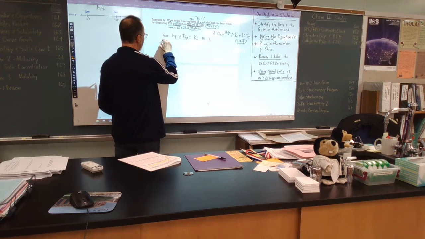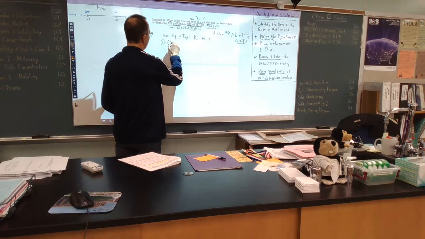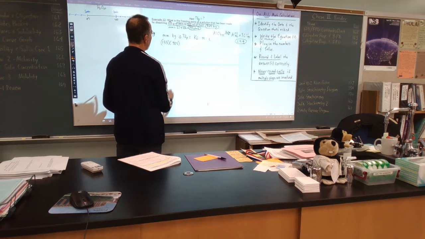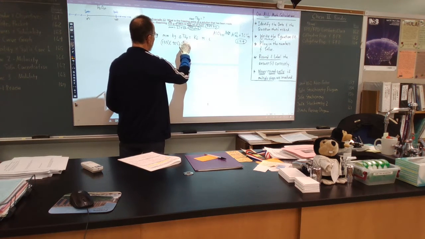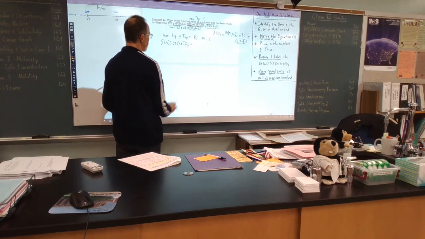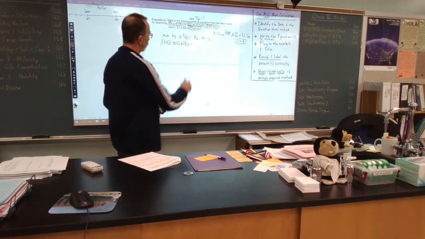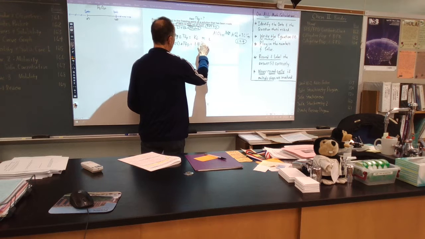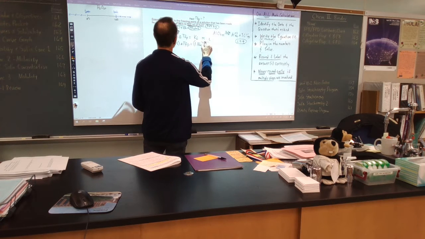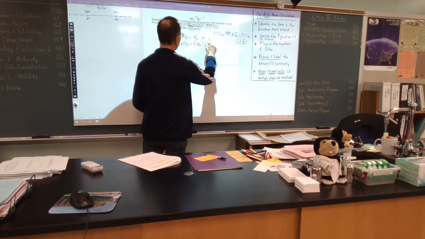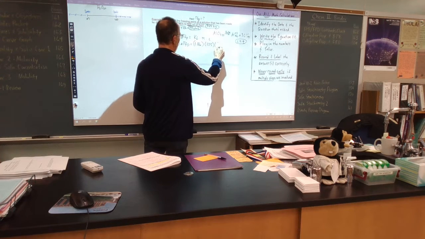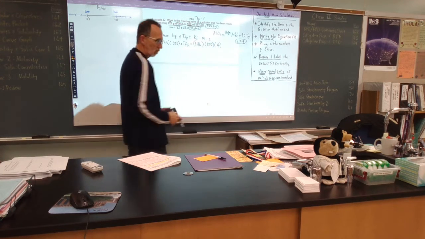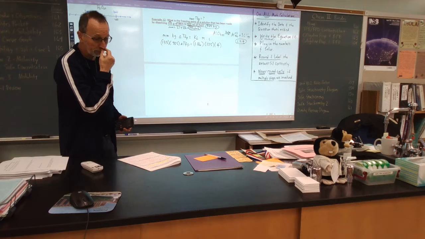So our molar mass is 133, kilograms of solvent, 0.925. We do not know the change in the freezing point. That's what we're going to determine. K_f for water, 1.86. Mass of the solute is 125 grams. And we said our i factor is equal to 4.